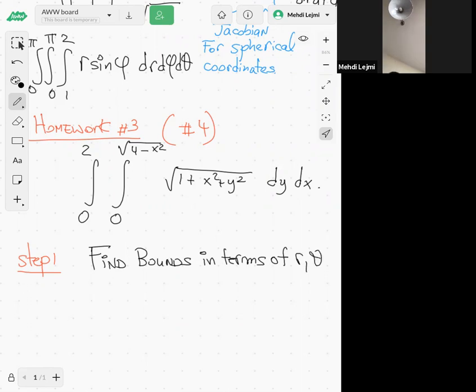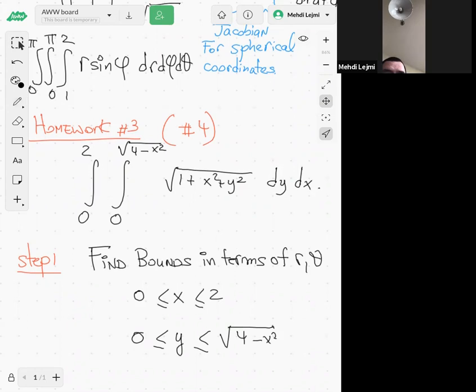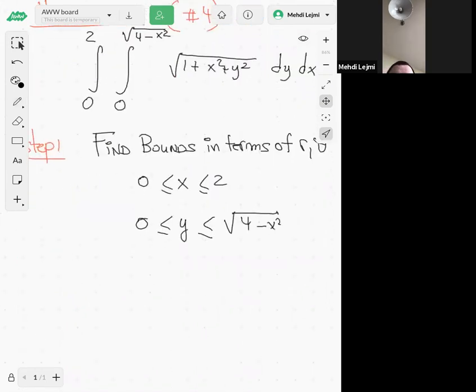So let's see. x is between 0 and 2, and y is between 0 and the square root of 4 minus x squared. You don't have to, but you can sketch the corresponding region.